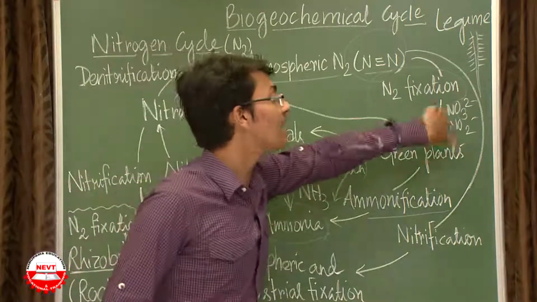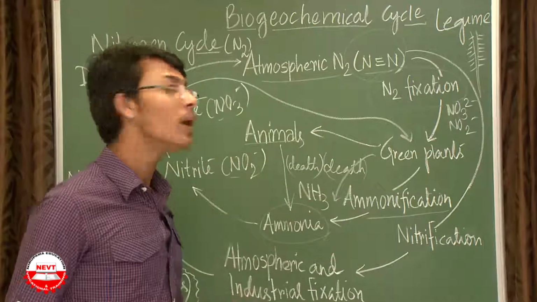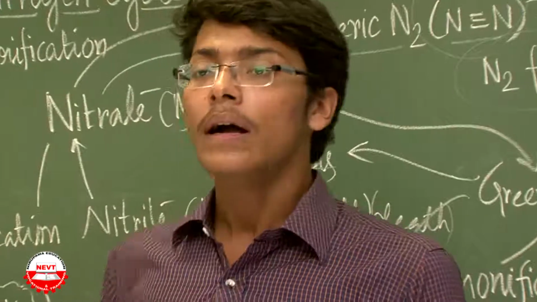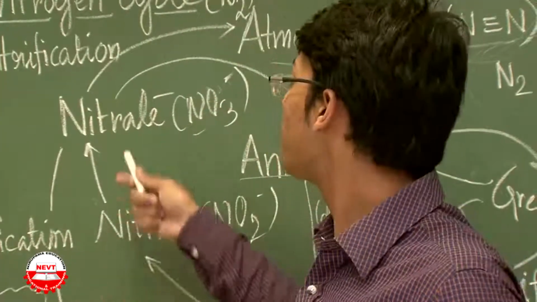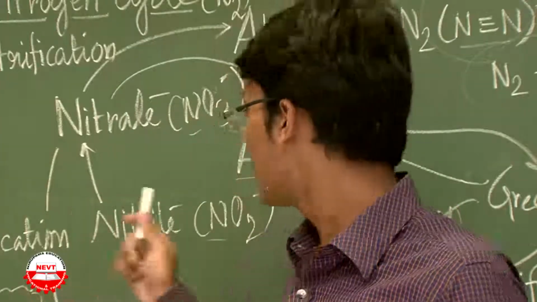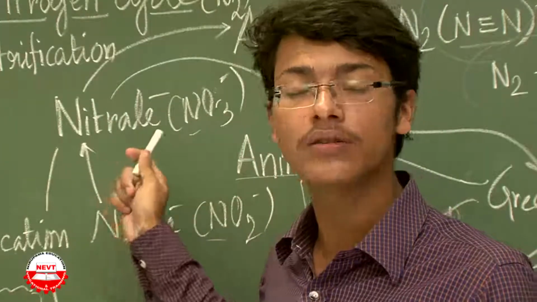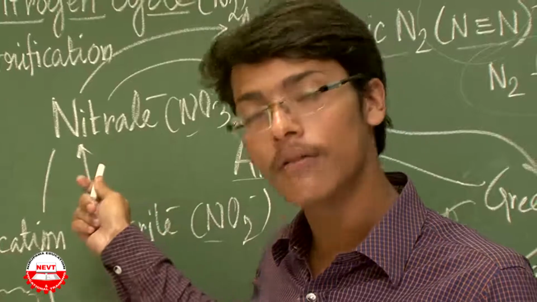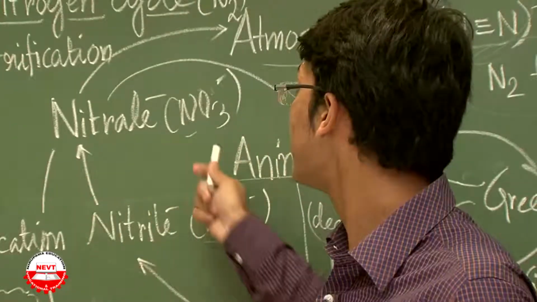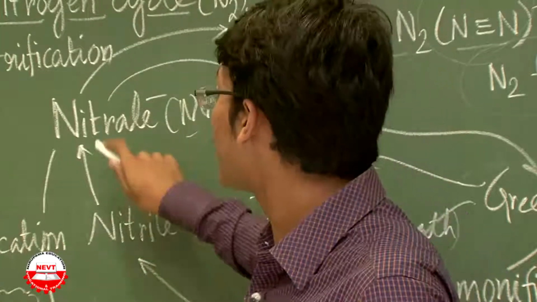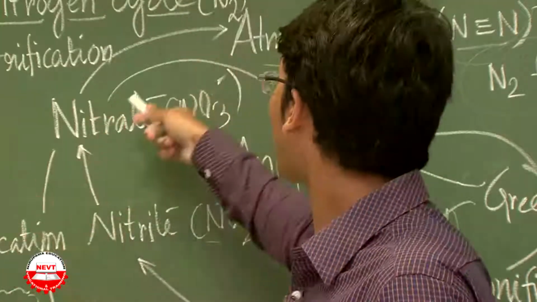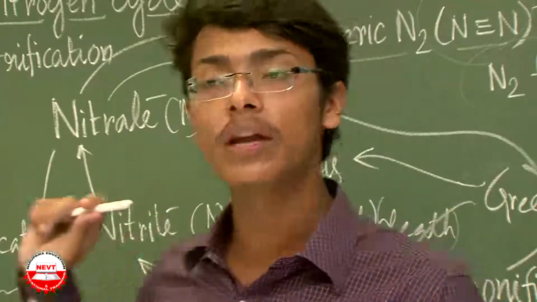So this nitrate and nitrite has now turned to ammonia. Now this ammonia changes to nitrite followed by nitrate. It's a normal oxidation process where there is an addition of oxygen atoms. So when this nitrite converts to nitrate, it again goes back to the green plants.